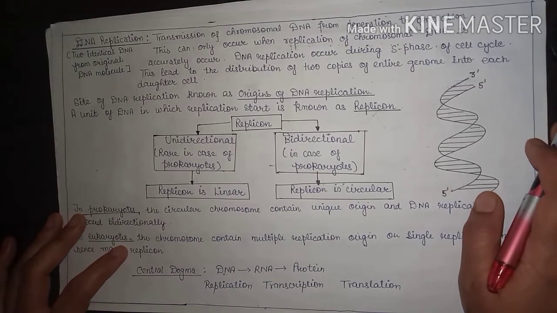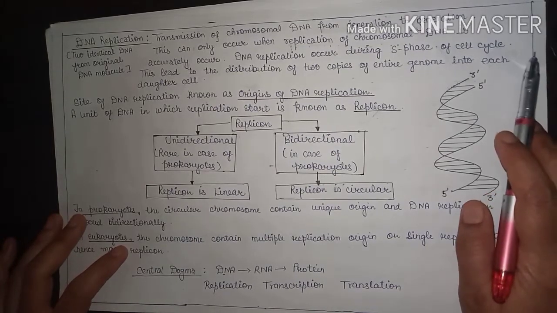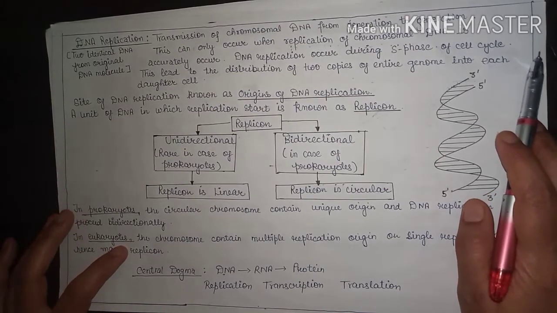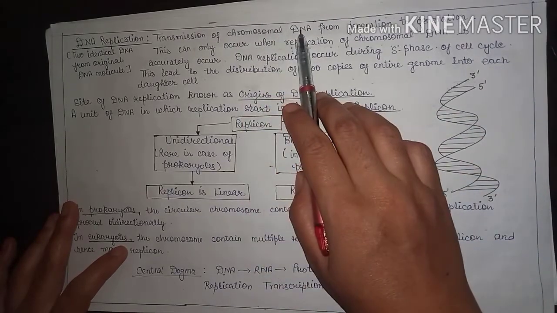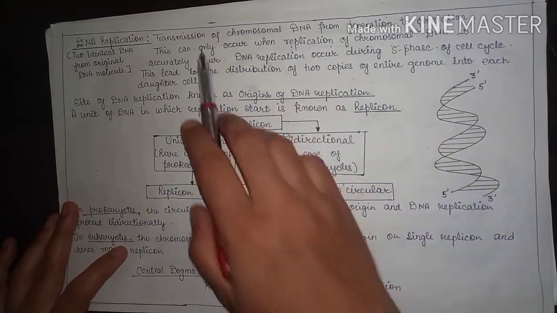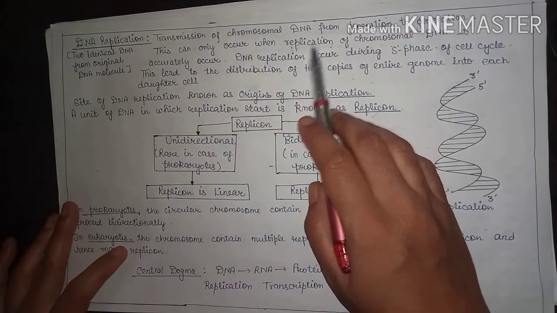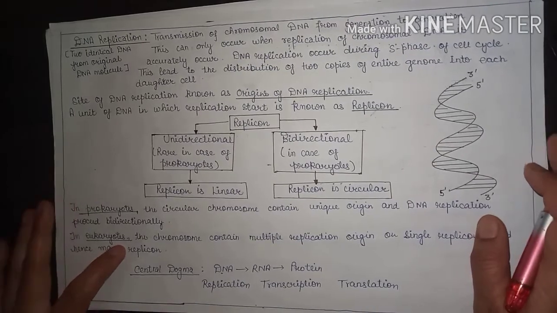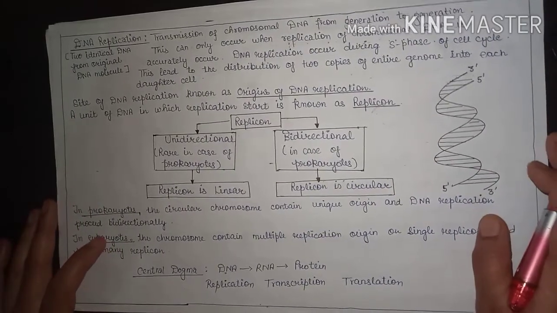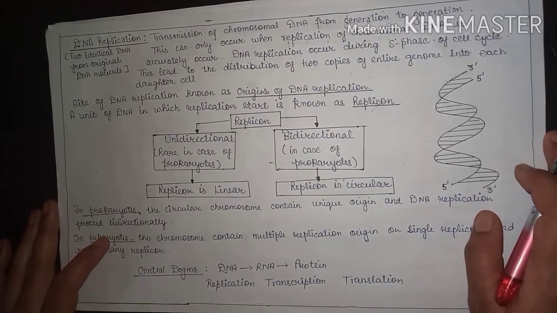There are various phases: prophase, metaphase, anaphase, and during telophase the two daughter cells divide and the equal amount of chromosomal DNA is divided. This transmission of chromosomal DNA from generation to generation is known as DNA replication.